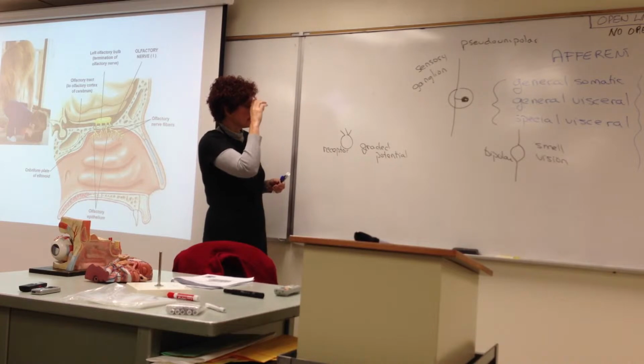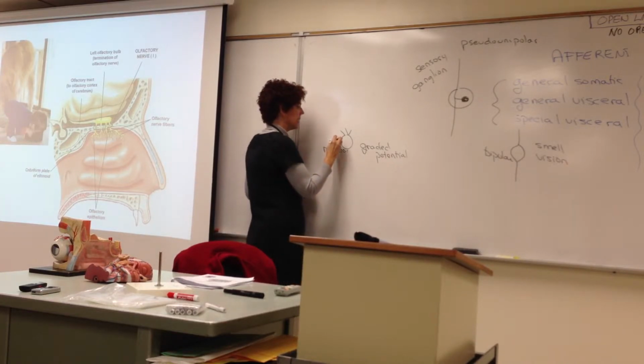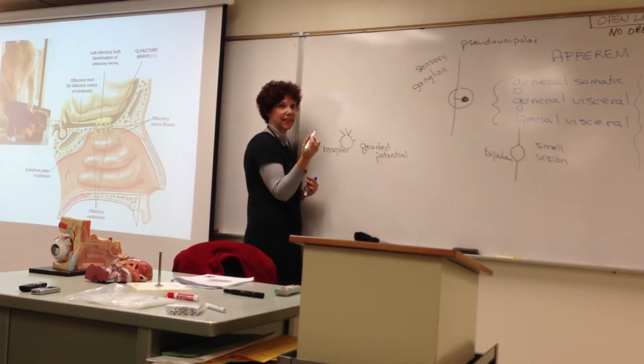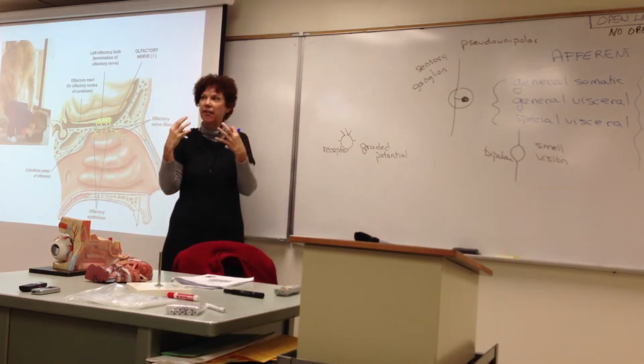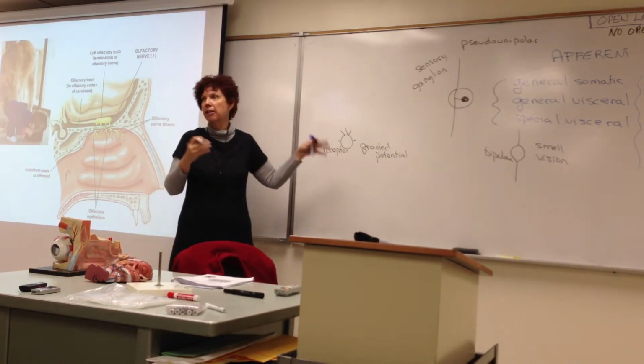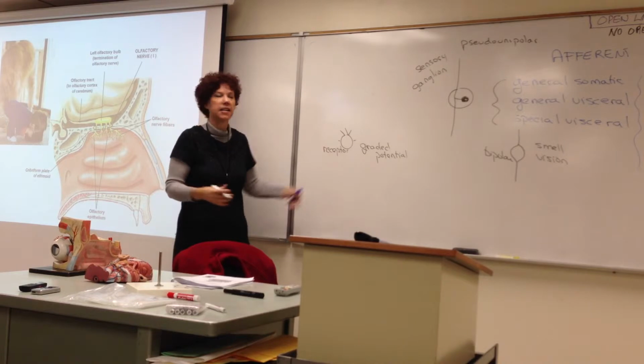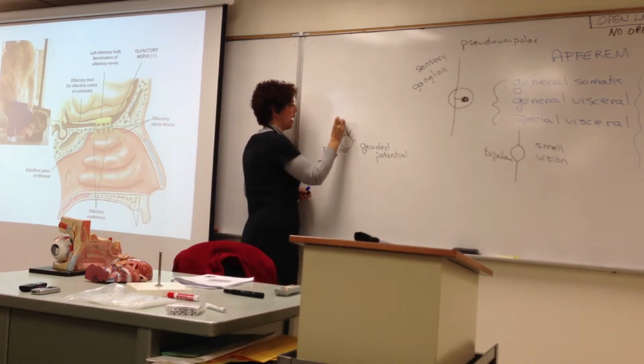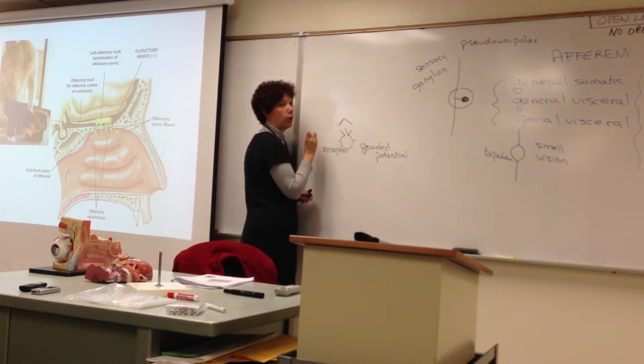So let's say this is my receptor for smell. Chemicals in the air that I'm smelling will bind to that and may or may not release enough transmitters to activate my bipolar neuron.